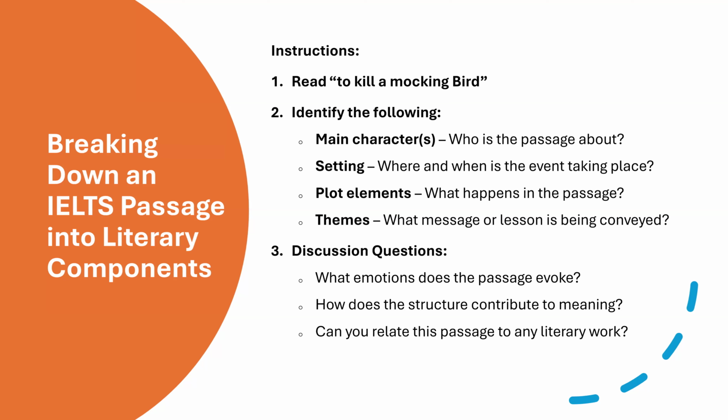Sometimes a writer's bias shows up in the choice of words that they use or in the sources they reference. Spotting techniques like these not only helps you understand the text better, but it gives you a clear advantage when answering questions about the writer's purpose, their attitude, or even their argument.